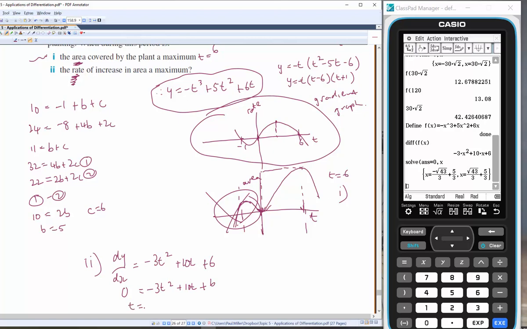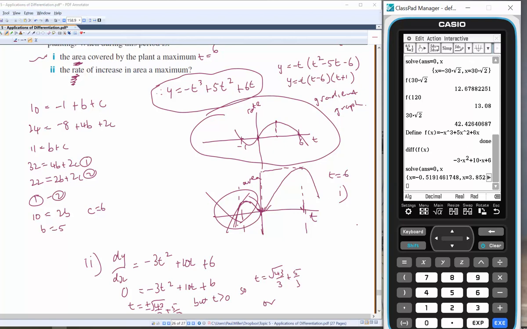We're going to say that t equals plus or minus root 43 over 3 plus 5 over 3. But t is greater than 0, so t is equal to root 43 on 3 plus 5 on 3, or more realistically, after 3.852 weeks.